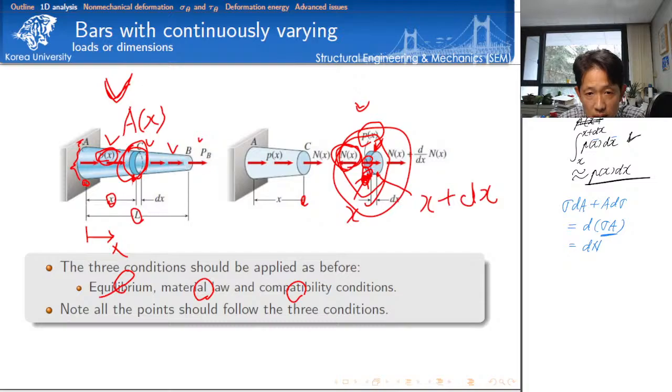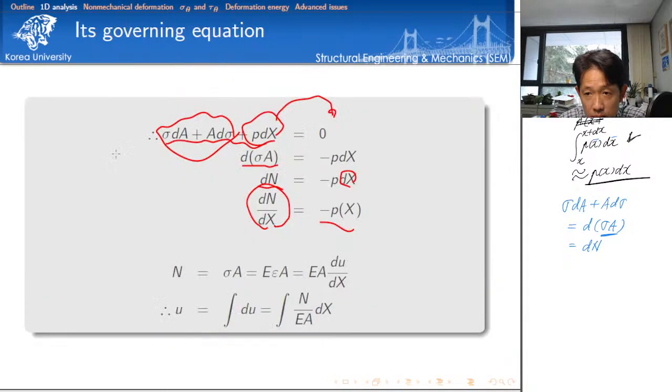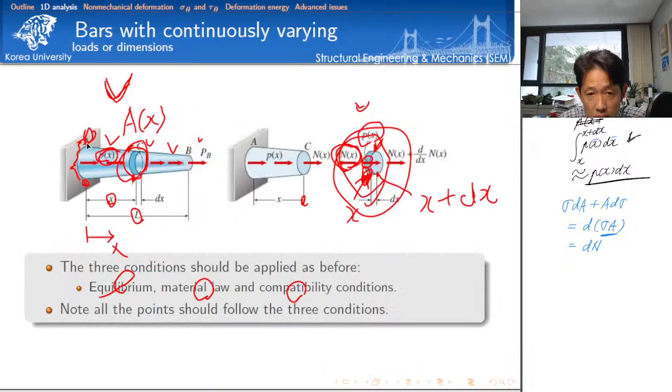If you look at here, because of the external forces acting over the whole body of the member, our internal force is maximum at this point.